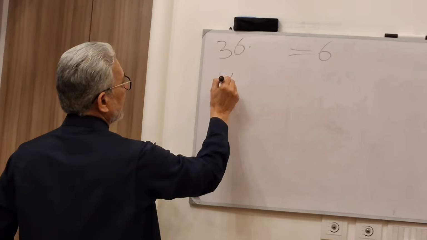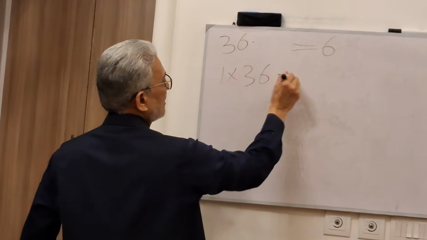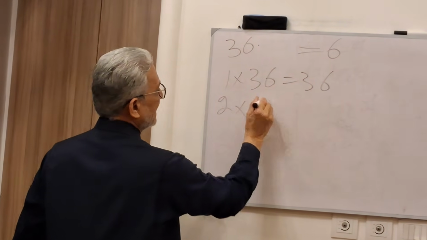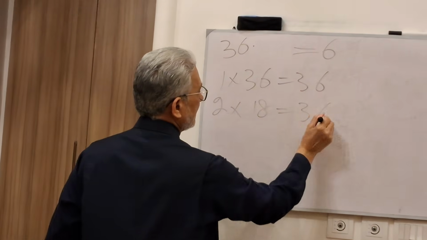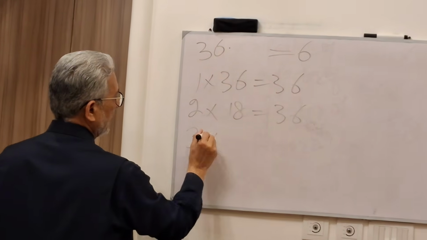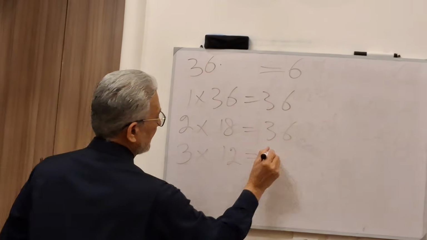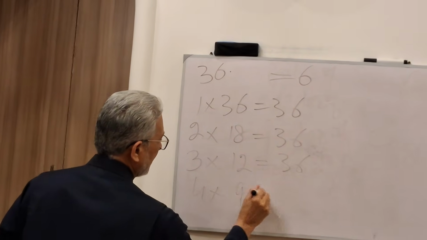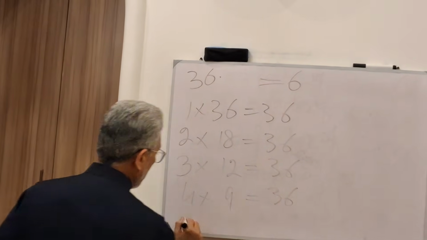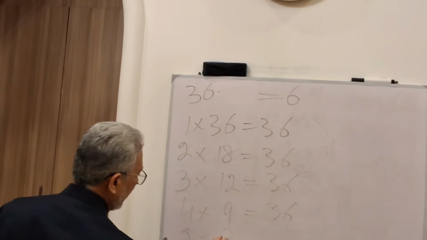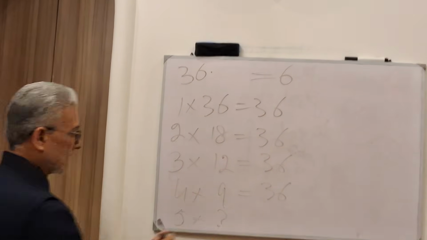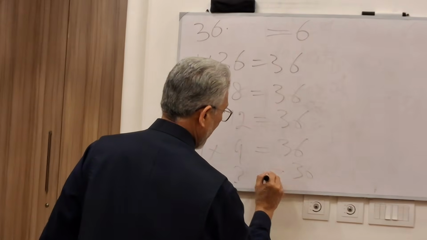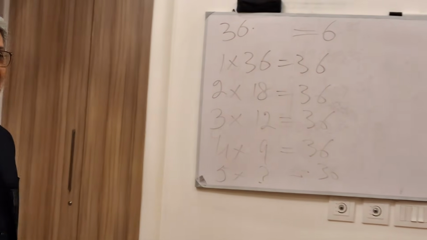That is 1 into 36 is 36. 2 into 18 is 36. 3 into 12 is 36. 4 into 9 is 36. And 5 is not a factor of 36. And 6 you have already got.